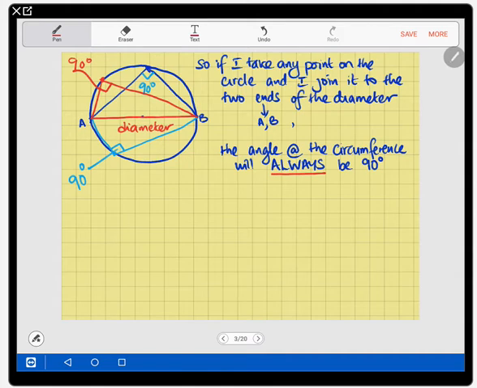It will always be 90 degrees. Do you want to know the proof? Do you want to know how to prove it to someone, to your teacher? All right, shall we try and prove this? Okay, let's do that then.